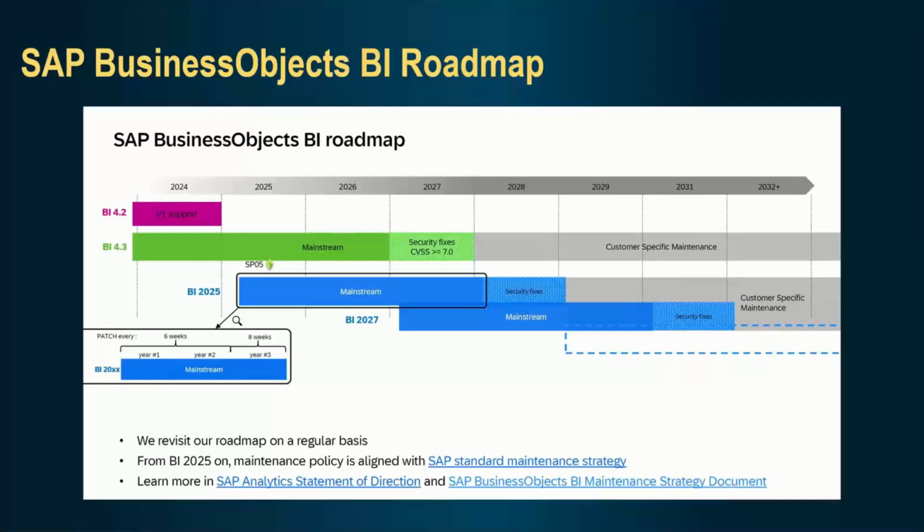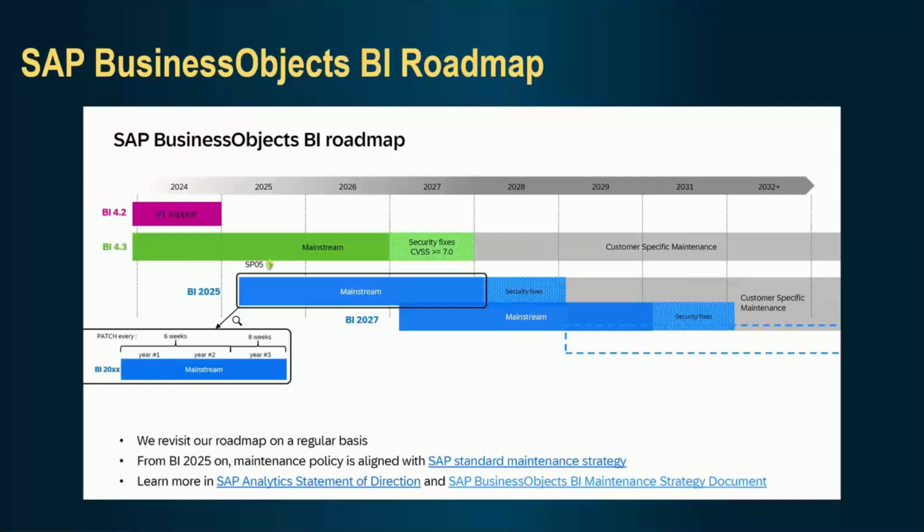But then what this allows us to do is transition into the future of BusinessObjects with BI 2025, which takes us currently through the end of 2027 with security fixes through 28. And then we move into BI 2027, which would take over from BI 2025. I think they're looking at releasing that sometime in 2027, I think late 26, early 27.